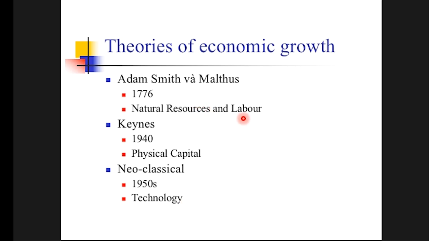The order of these determinants is not necessarily like this, because the importance of these determinants is the same. But they differ in source. For example, natural resources come from nature.